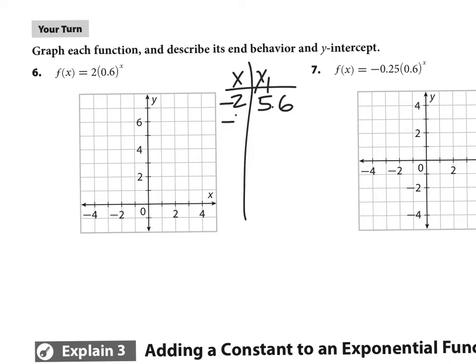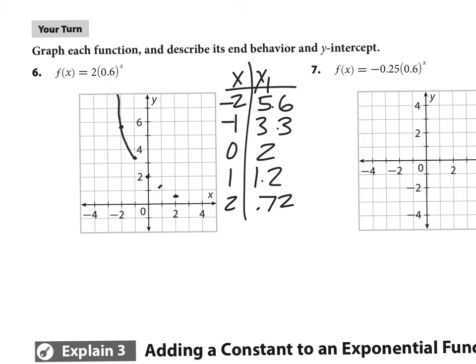I'm rounding, -1, 3.3, 0, 2, 1, 1.2, and 2, 0.72. So again, we just kind of guesstimate where these values are. 5.6, -1 and 3.3, 0 and 2, 1 and 1.2, and then 2 and 0.72.